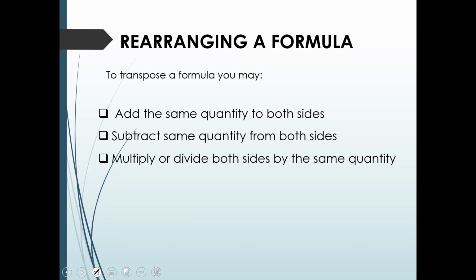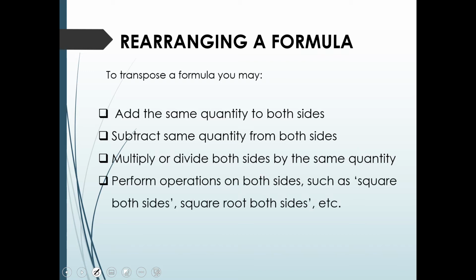Or multiply or divide both sides by the same quantity, like dividing both sides by 2. Or you can perform operations such as squaring both sides or taking square roots. Most likely, only these three ways we are going to apply at this stage.